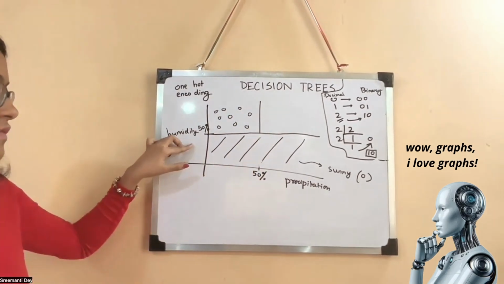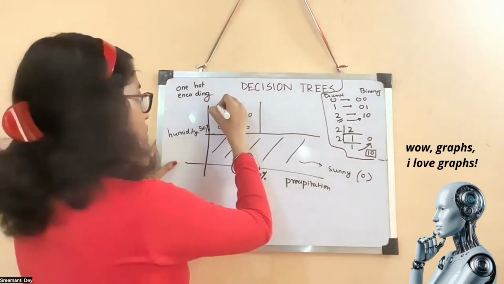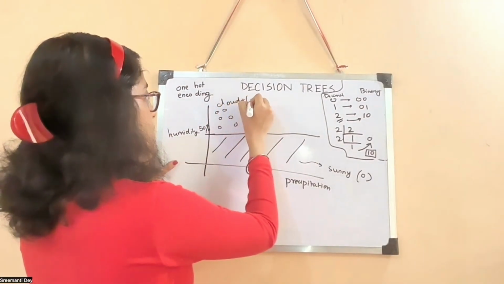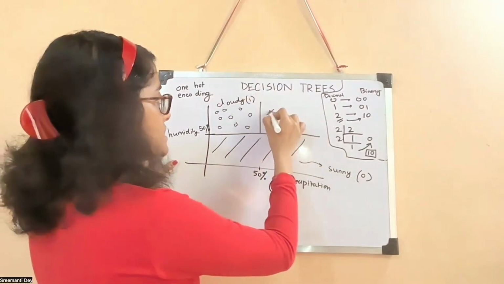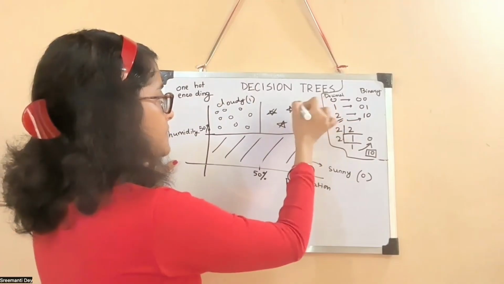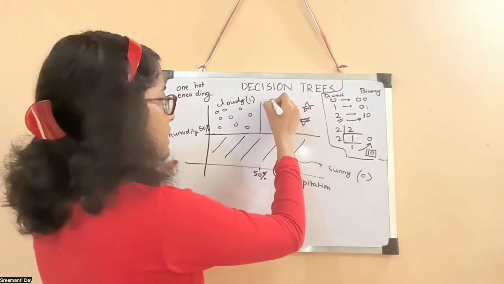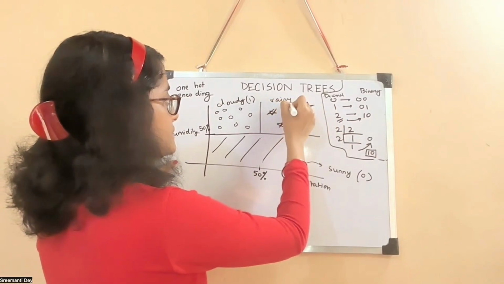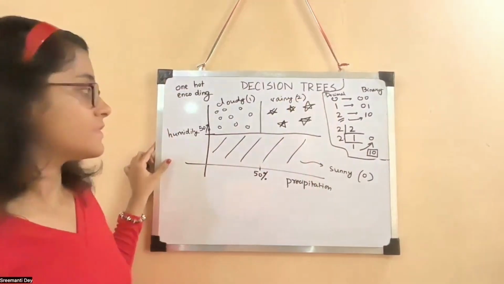This region is going to be cloudy, class 1. And this region, just to denote them separately, is going to be rainy, our class 2. Right?